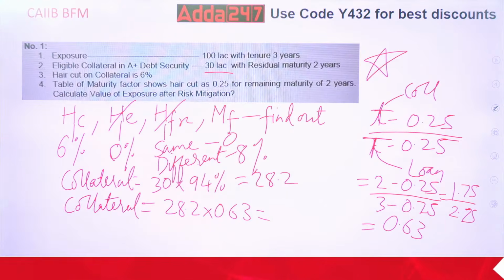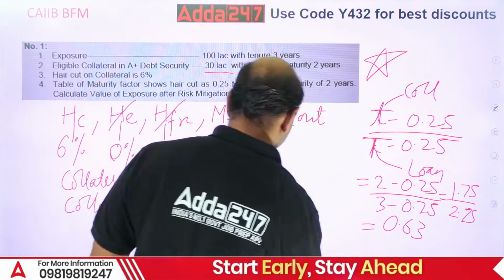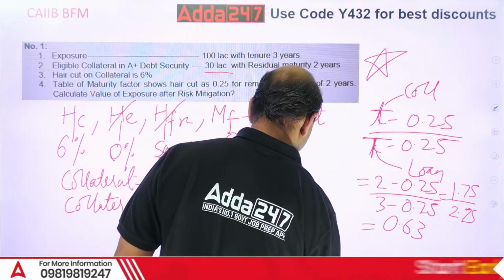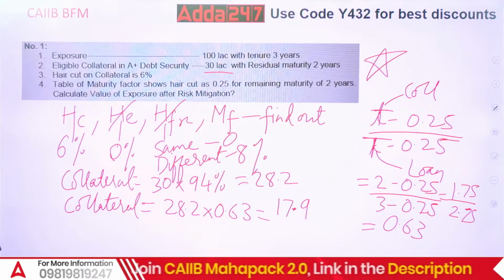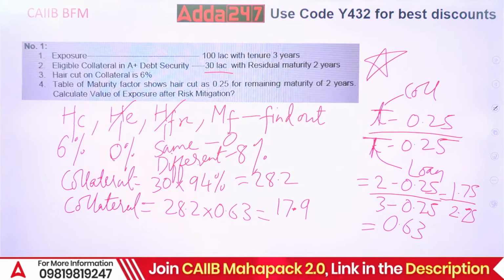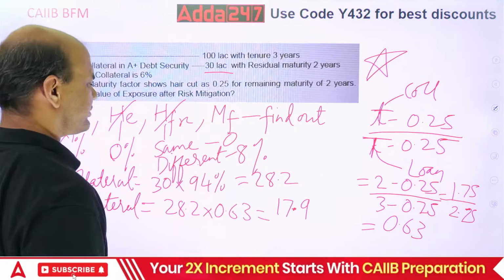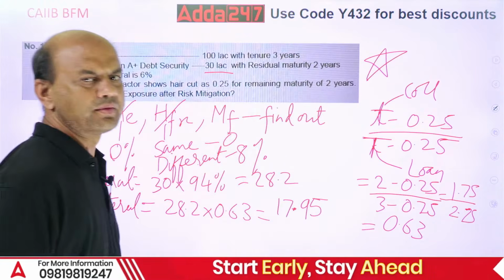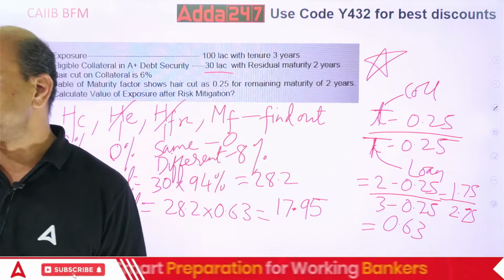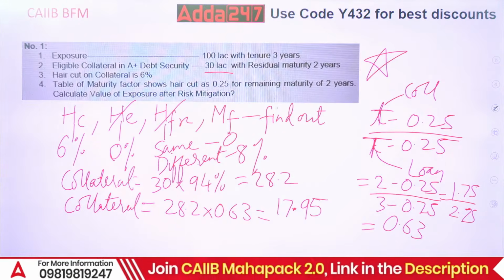So what are you getting? 17 point something? 17.9? 17.95, okay. Take 5 also. 17.95 you are getting. Take 4 or 5, anything.